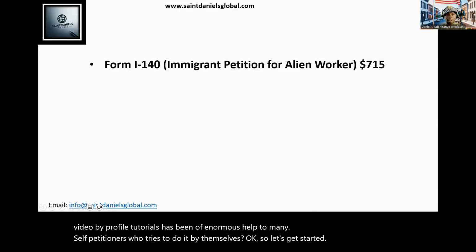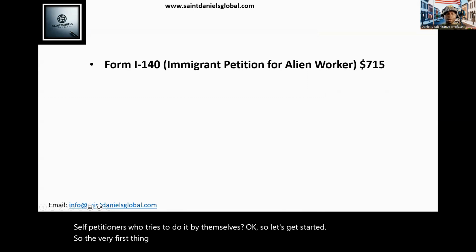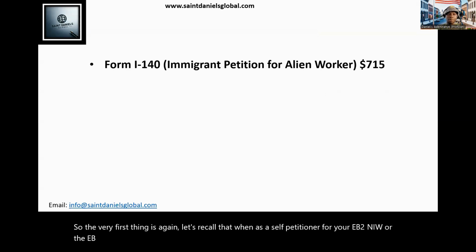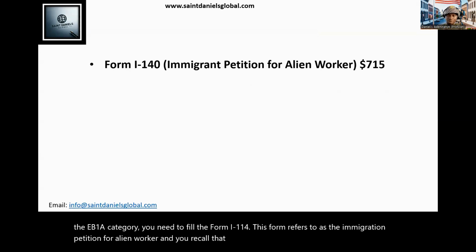So the very first thing is, again, let's recall that as a self-petitioner for your EB2 NIW or the EB1A category, you need to fill out Form I-140. This form is referred to as the immigration petition for alien worker. And you recall that since April 1st, 2024, the fee has been $715.